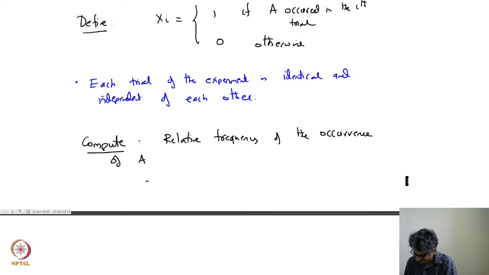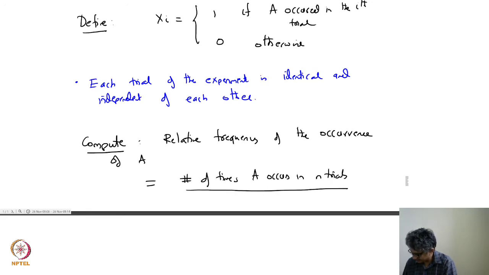That is the same as the number of times A occurs in n trials divided by the total number of trials, which is n.